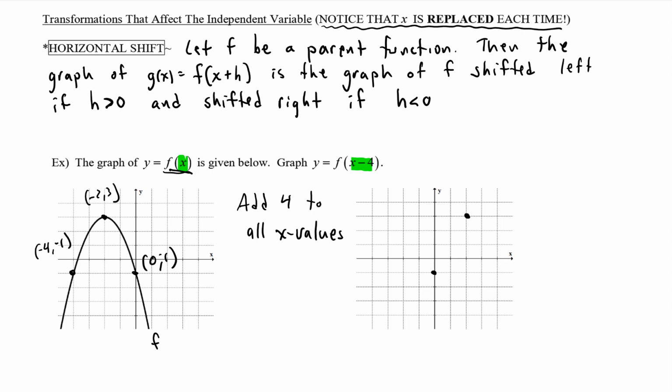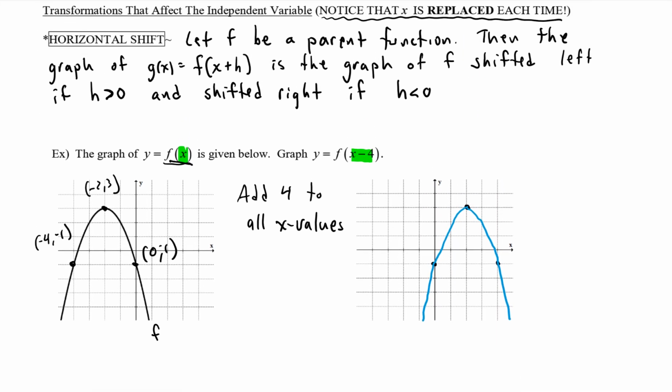And this coordinate, 0, negative 1, if I add 4, I'm at 4, negative 1. But it's the same shape. I am just shifting the entire thing to the right. Same exact parabola, just pick it up and move it over right 4. Notice it was x minus 4, but I don't actually subtract anything. I add 4 to the x values.